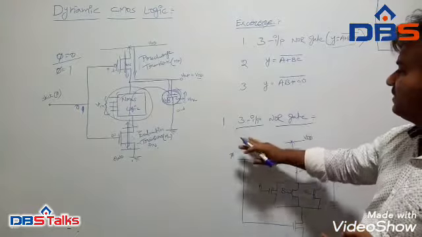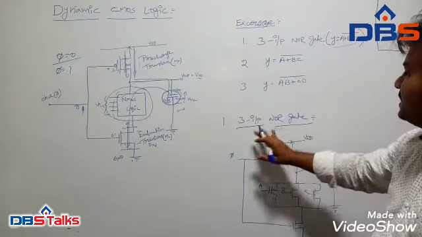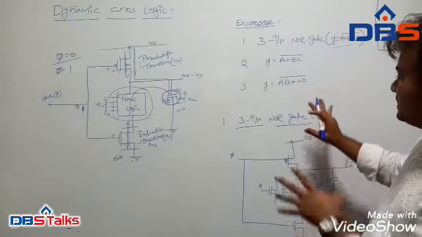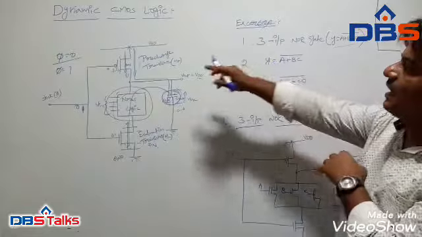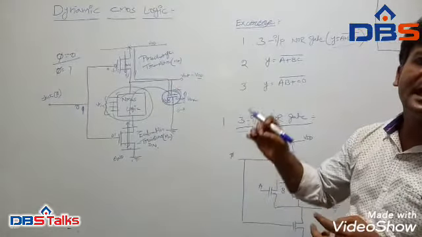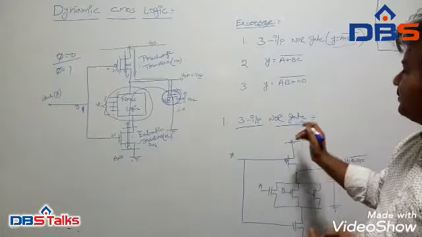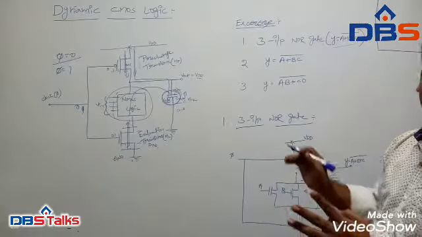So for the first exercise problem, the solution is 3 input NOR gate. This will be implemented as the logic functionality under dynamic CMOS logic. So the question is: implement the 3 input NOR gate by using dynamic CMOS logic. So that is the problem.